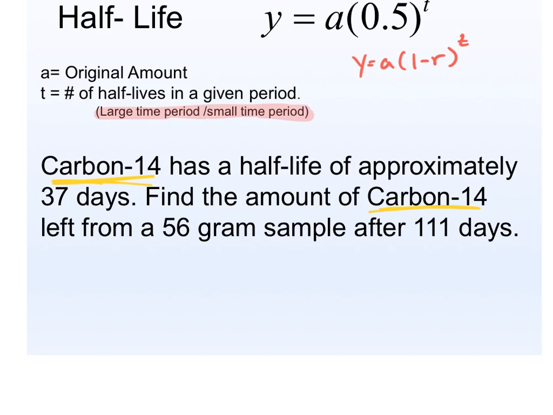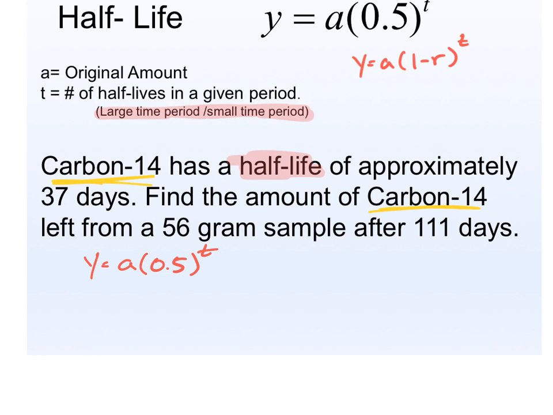Now, the second thing is they tell you that you are using a half-life. So we know we are going to use the formula that is above, and I'm going to rewrite it. Y is equal to A times 0.5 to the T. Okay? Now, here is where calculator and making sure you type things in correctly is going to benefit you so much.